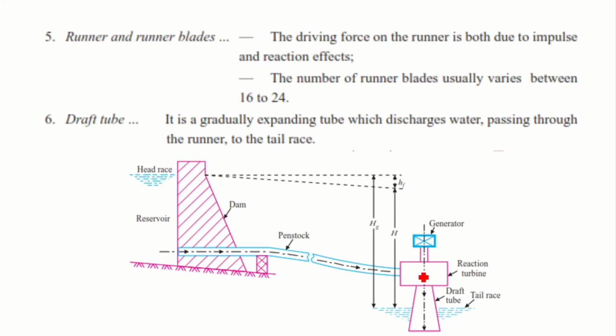While passing through the turbine, it starts rotating the turbine, thereby we are generating power. After passing through the turbine, it flows to the tail race through a tube known as a draft tube, which is an expanding tube. At the inlet, the area is less, and at the outlet, the area is greater.